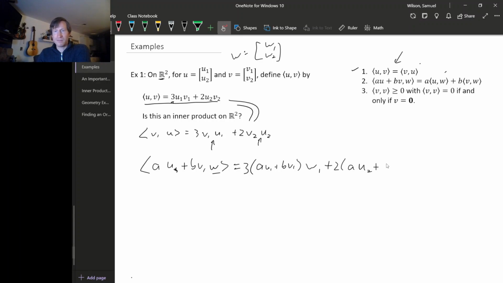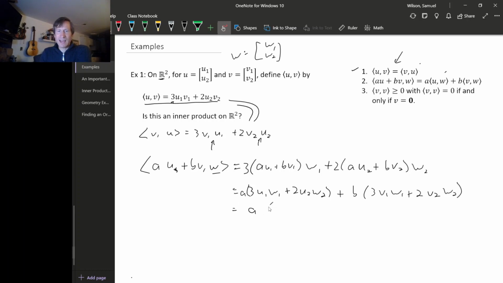2AU2 plus BV2 times W2. And then, if we multiply all this out and group things appropriately, we get A times (3U1 W1 plus 2U2 W2) plus, for the parts with V's in them, B times (3V1 W1 plus 2V2 W2).